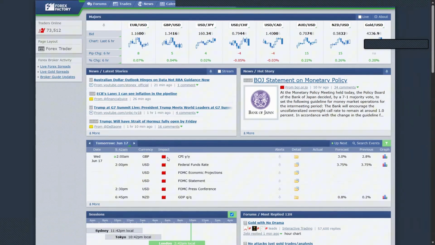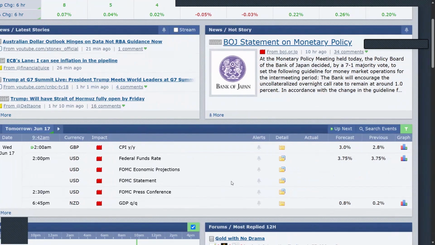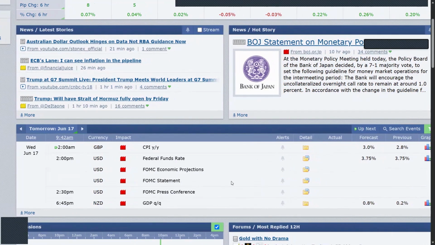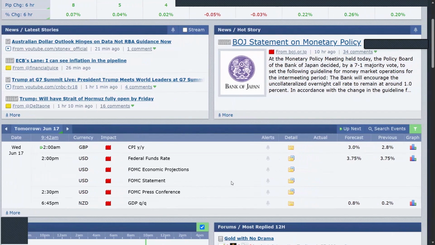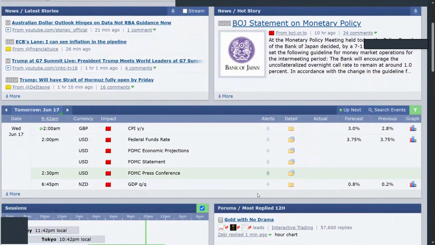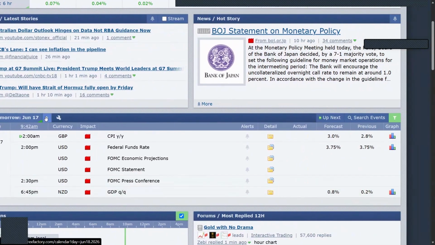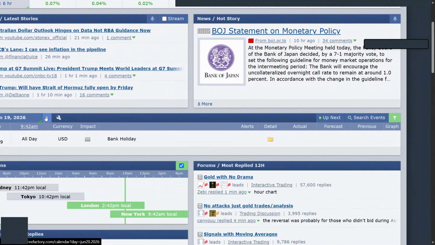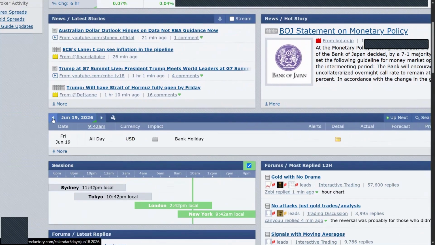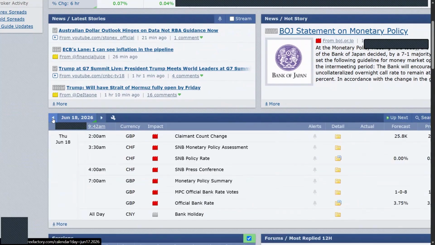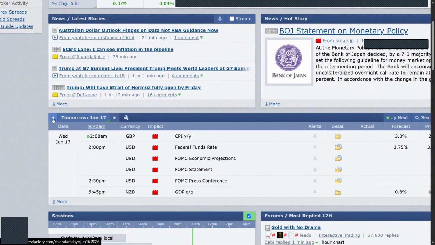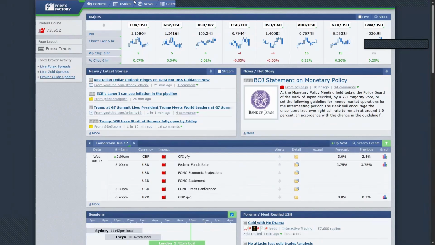Tomorrow we have the minutes, I think, the USD federal fund rates at 2 p.m., and at 6:45 GDP for NZD. Maybe that might move the pair. Friday, it's a bank holiday. So maybe tomorrow we can see some major movements.